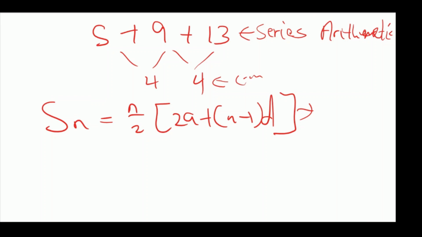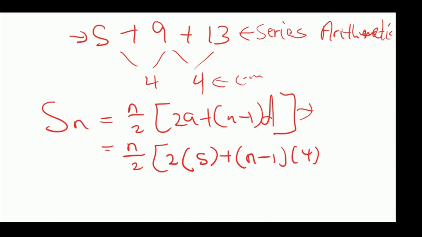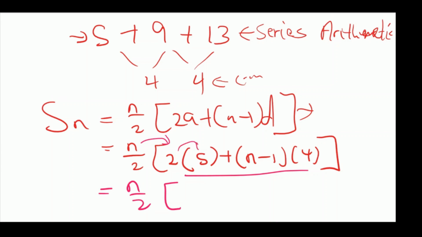And so what you're going to do is we're going to substitute into our sum here. So we don't have our n, so it's going to be n over 2 into 2, and instead of writing a, we're going to write this 5 here. So it's going to be 5 plus n minus 1, and our d is going to be 4. Before we multiply everything, let's solve everything inside here. So we're going to have n over 2 into 2 multiplied by 5, which is 10, plus 4n minus 4.